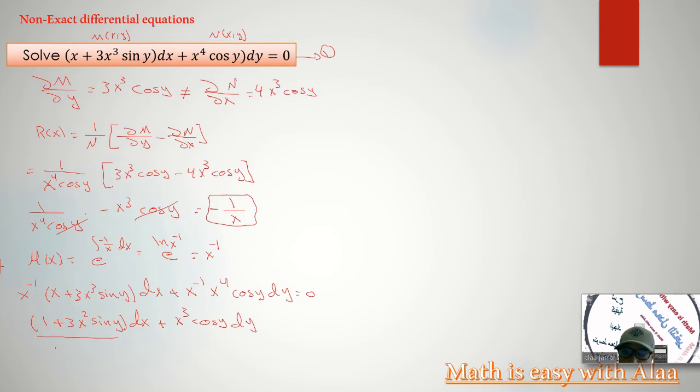Now this is M and this is N. Now let us see here partial M with respect to y: 1 is constant, 3x² is constant, the derivative of sin y is cos y, so it will be 3x² cos y.